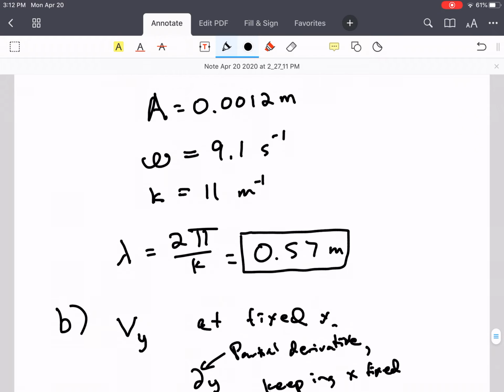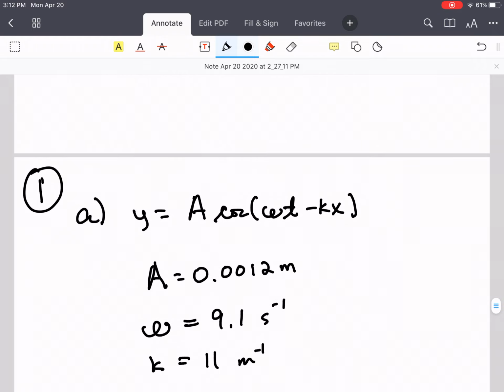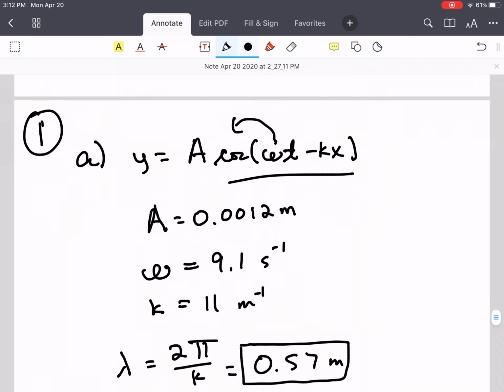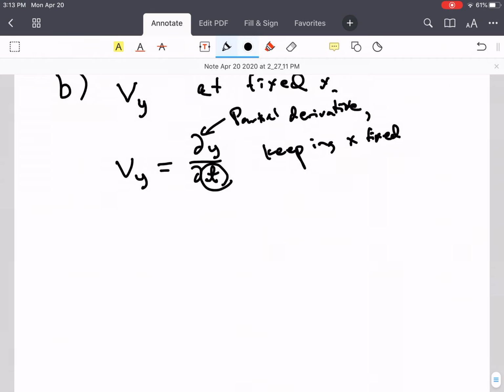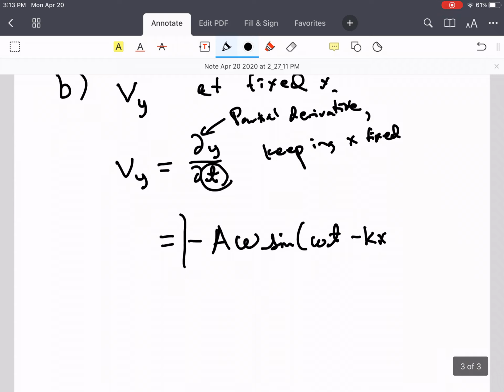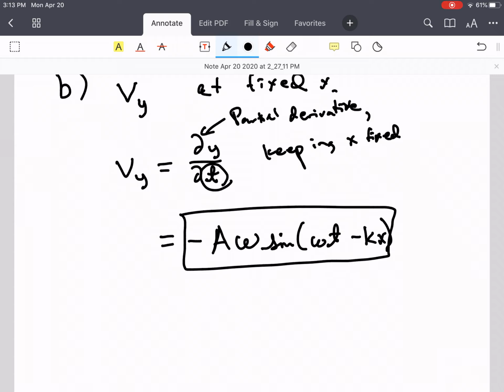So if my y is A cosine omega t minus kx, I take a derivative with respect to time, that brings my omega out, and the derivative of my cosine is negative sine. So this is negative A omega sine of omega t minus k times x. That's my velocity in the y direction.